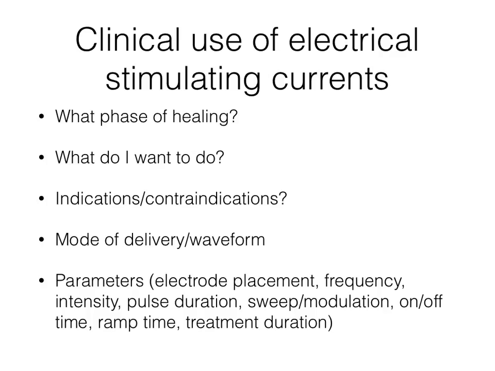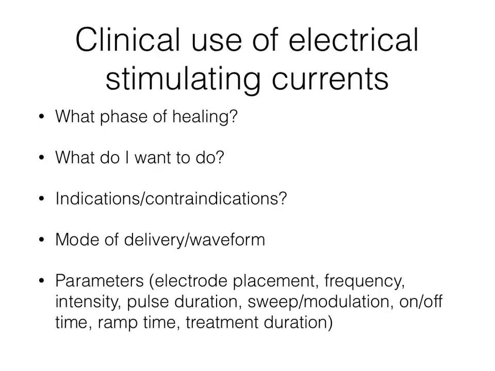Once you've determined that the patient does not have contraindications, you know what you want to do, and you understand their phase of healing, then you can make the best decision about the mode of delivery, also known as the type of waveform you're going to use. So are you going to use TENS, interferential, NMES, or ionto?